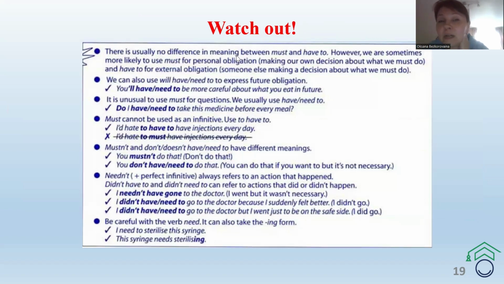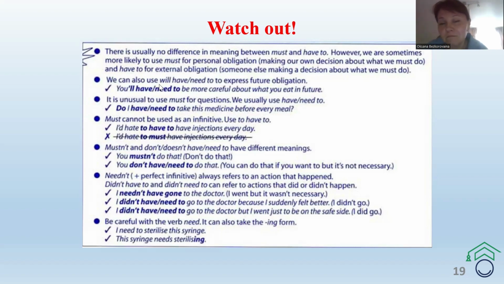Usually there is no great difference between must and have to. They are synonyms. However, we are sometimes more likely to use must for personal obligations, making our own decisions about what we must do. For example, I must do more exercise, I must go to bed earlier.